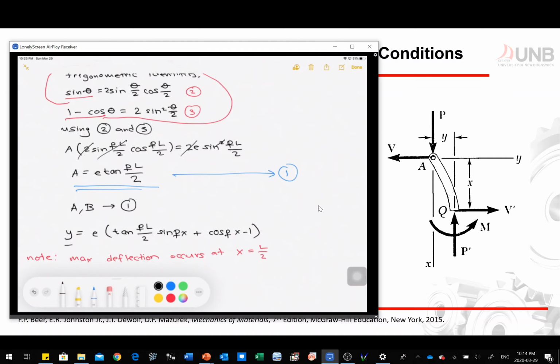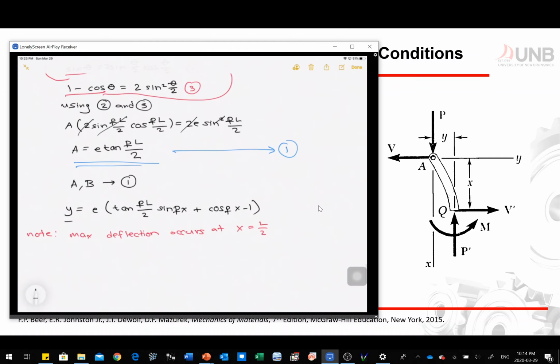Let's say we have pin-ended connections. So you have your pin-ended connections here. Both are pins, and we discussed that this column will deflect like this. And you are certainly sure that your maximum deflection occurs at L divided by 2. Same thing for other connections. Note that initially we call it length, and we have effective length.